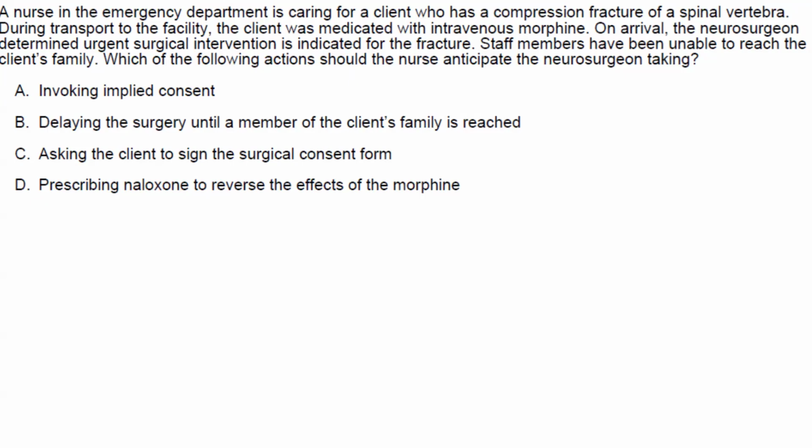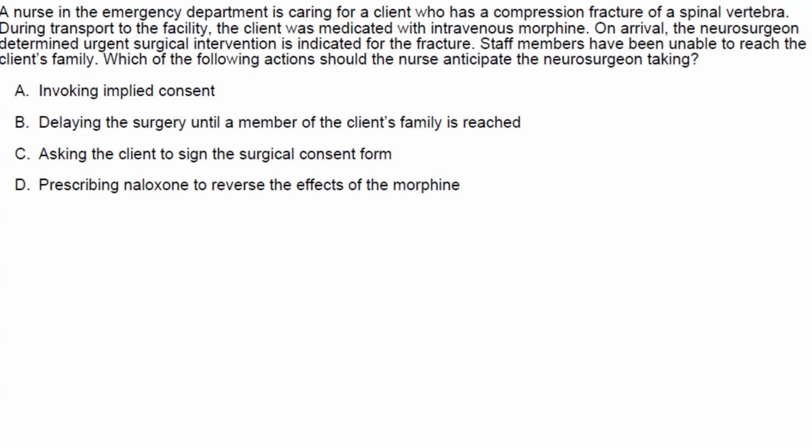I say A. Why do you think A? So this is the question that has to do with the legal implications. Because the client is most likely impaired and cannot make that decision. Yes, it's a critical condition or emergency situation here.